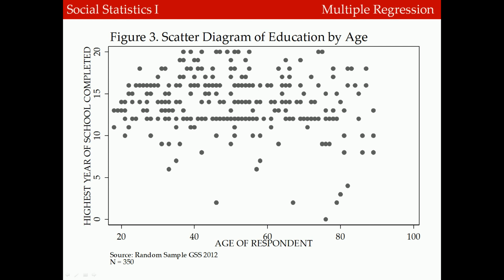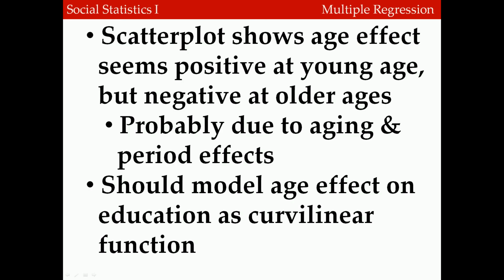So here, a linear function would not be a good fit to the data. Instead, we probably ought to use some kind of a curvilinear, perhaps inverted U-shaped function that captures the increasing effect of age and education at early years of age and the decreasing effect of age and education at later years of age. And so what we should do is we should try to model that curvilinear relationship somehow.